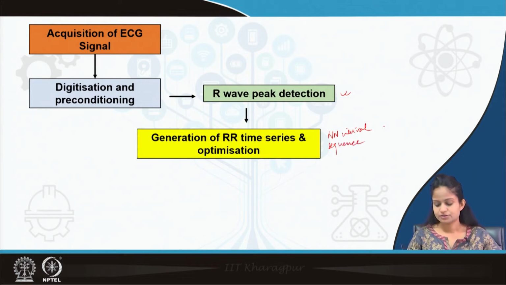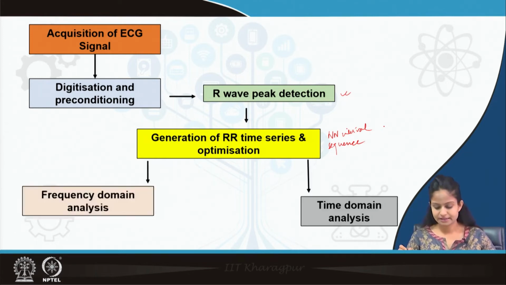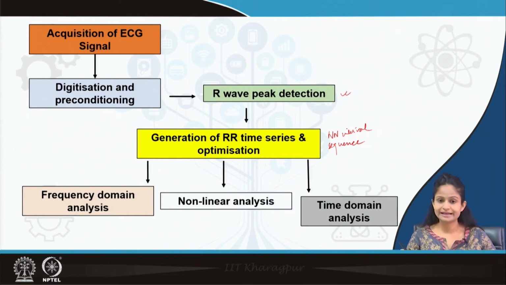So, with this NN interval sequence, we get time domain analysis and nonlinear analysis, and when we do interpolation of this NN interval sequence and resampling of this sequence, we get frequency domain analysis.